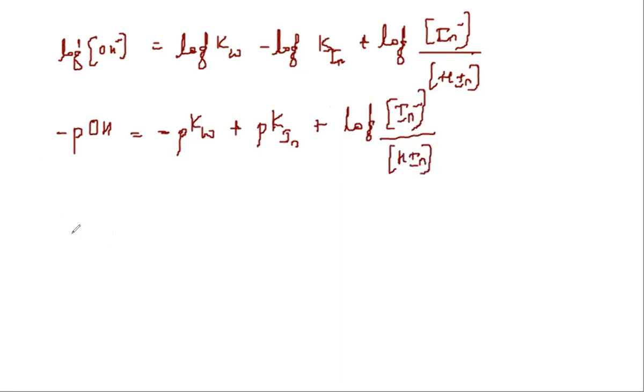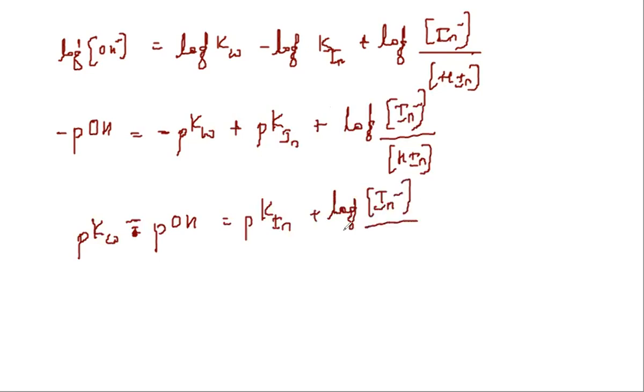So take pKw this side: pKw minus pOH is equal to pK_In plus log In minus divided by HIn.